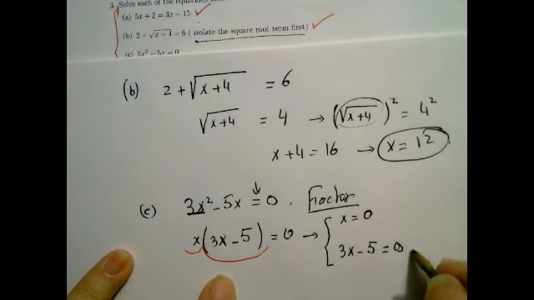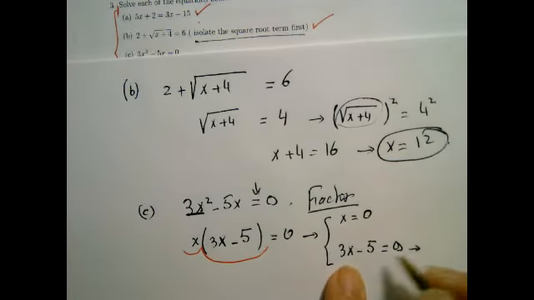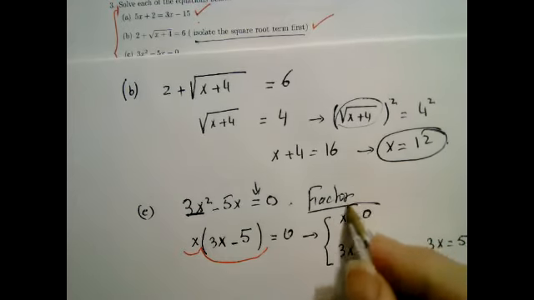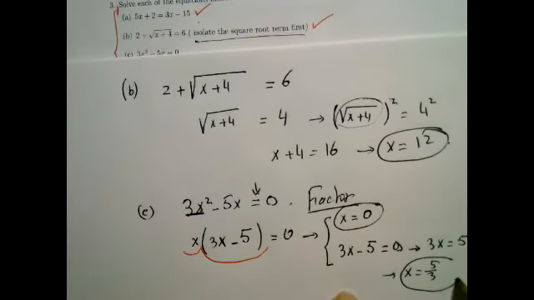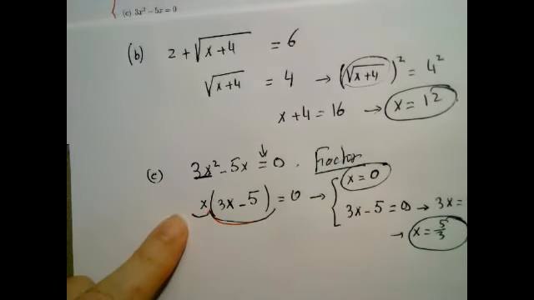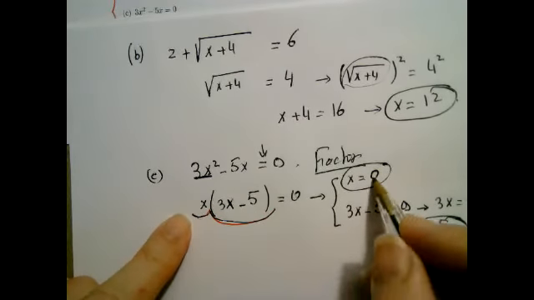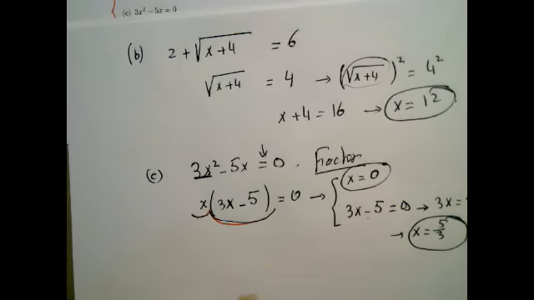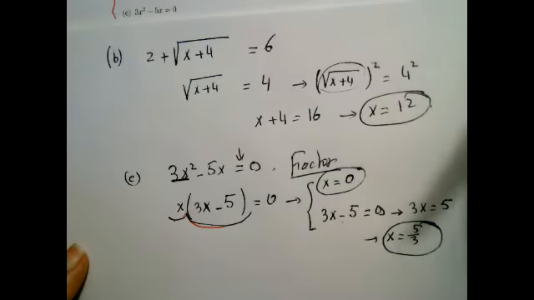Now, if 3x minus 5 equals 0, I need to solve for x. I need 3x equal to 5, which means x equals 5 over 3. So we have two solutions: x is 0 and x is 5 over 3. Okay? So whenever you factor, regardless of how you do it, you put each term equal to 0, and then you solve for your x.